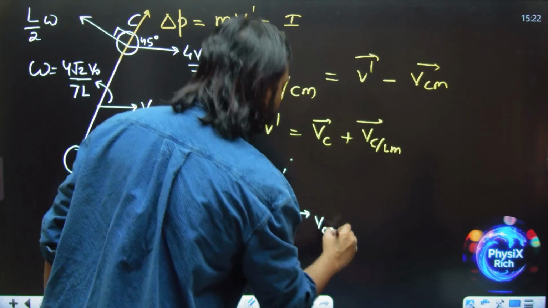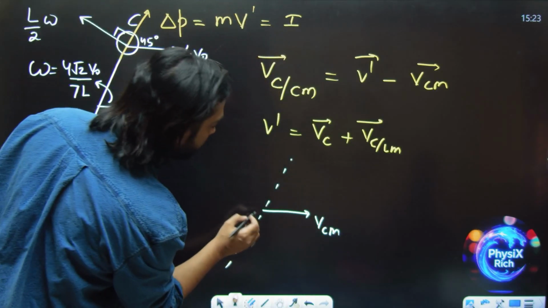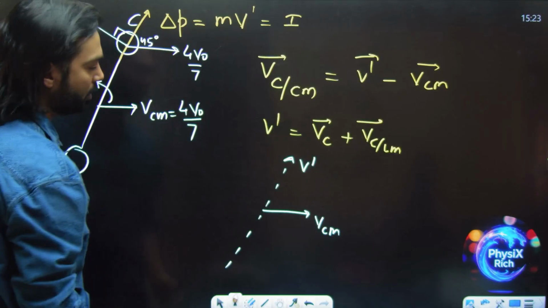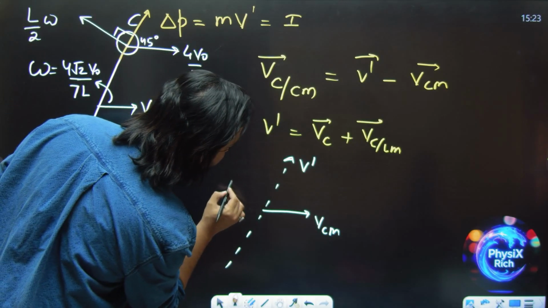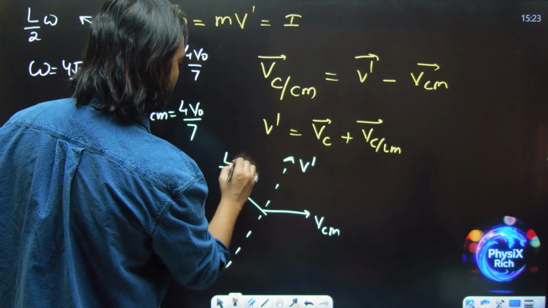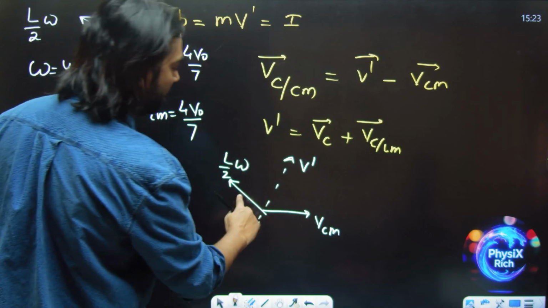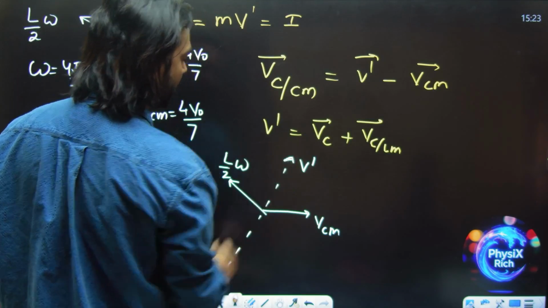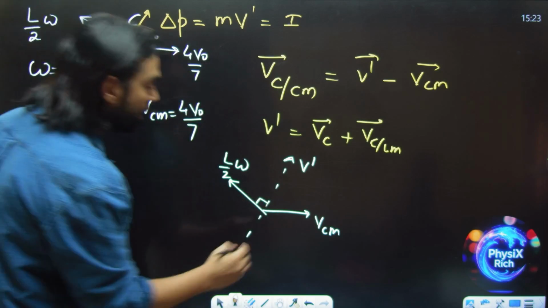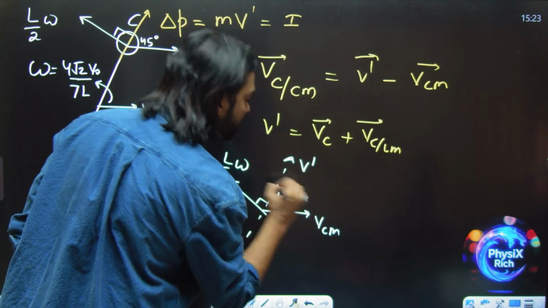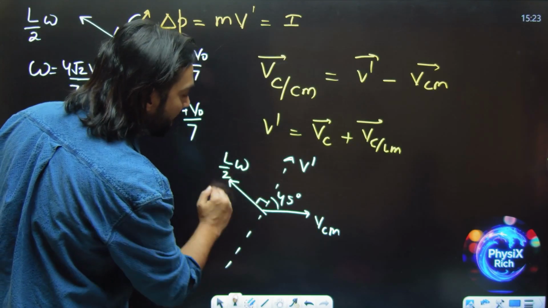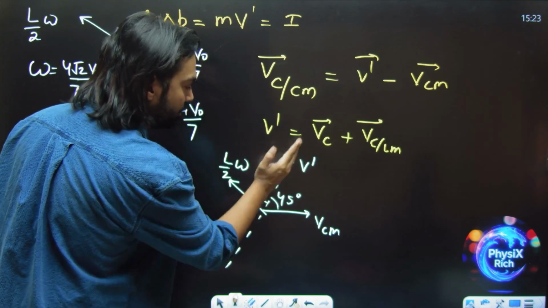VCM, sorry, VCM. This is the direction of V dash. This is what we're looking for. And we have another velocity over here, which is L by 2 omega. And we know that the resultant of these two has to be over here. And this angle is 90 degrees. My dear students, I already know that this is 45 degrees. What it means is that this L by 2 omega is not going to have any component over here.